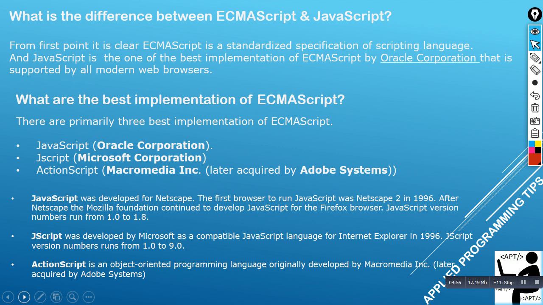JScript was developed by Microsoft as a compatible JavaScript language for Internet Explorer in 1996. JScript version numbers run from 1 to 9. And the last one is ActionScript, an object-oriented programming language originally developed by Macromedia Inc. and later acquired by Adobe Systems.